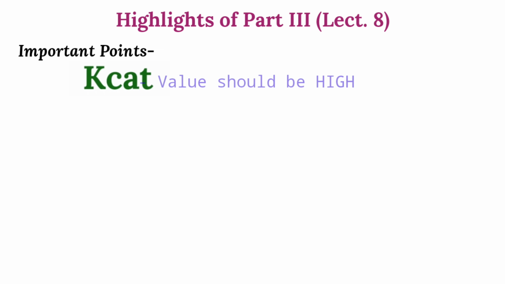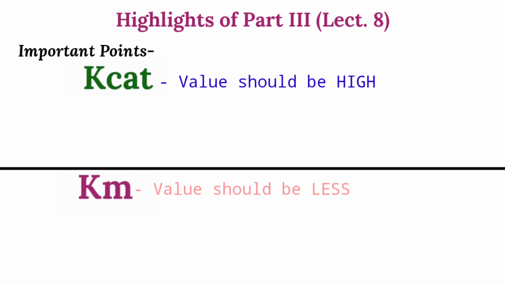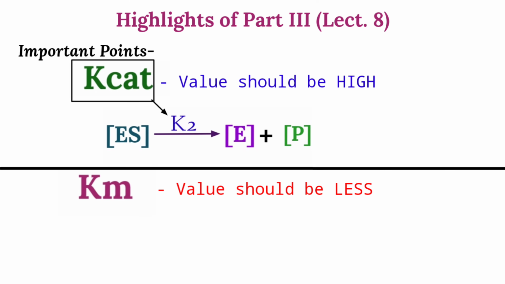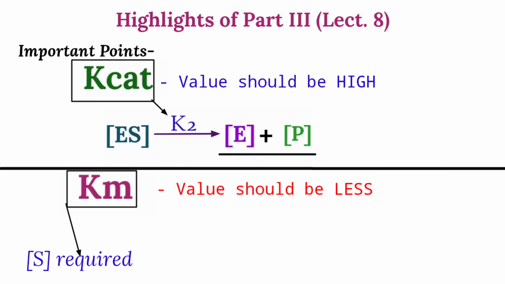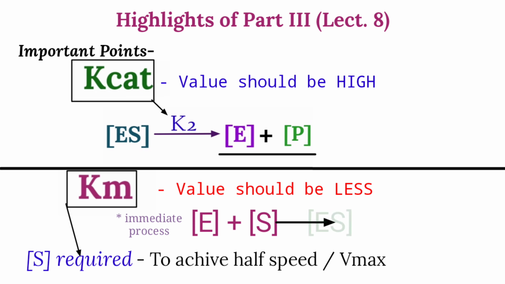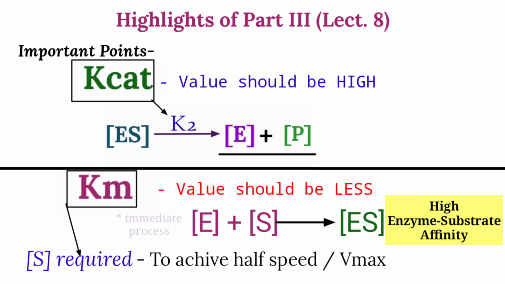So at the end of the day, remember that Kcat value should be high and Km value should be as low as possible. Kcat indicates the conversion of the enzyme substrate complex into separate enzyme and product, and Km indicates the requirement of substrate concentration to achieve half the Vmax, meaning immediate enzyme substrate complex formation has taken place because of high affinity between enzyme and substrate.